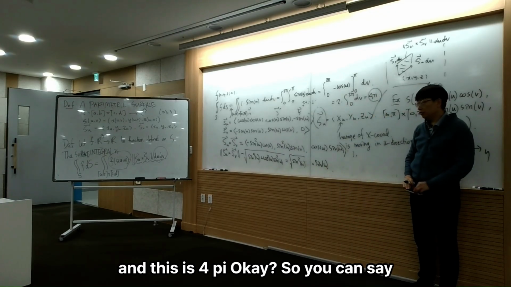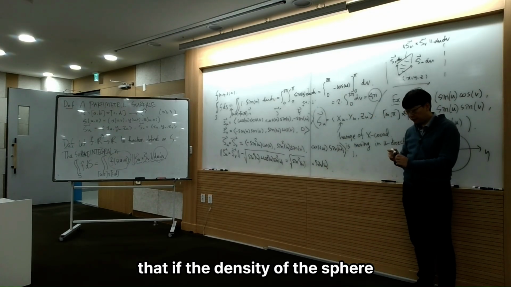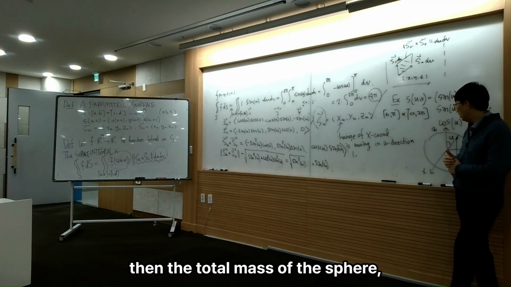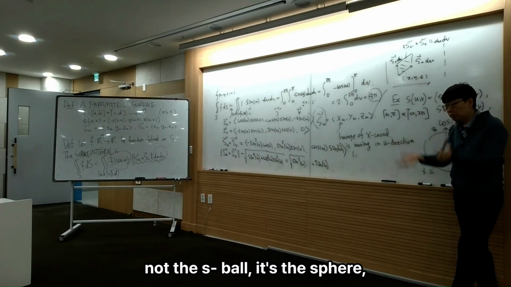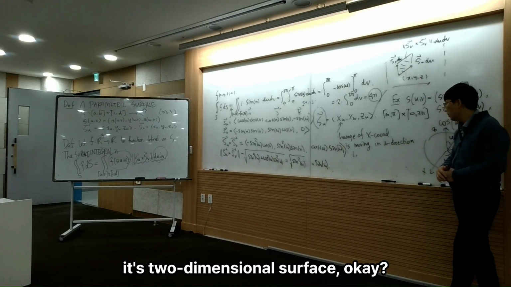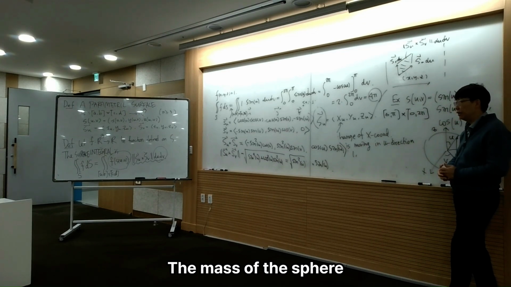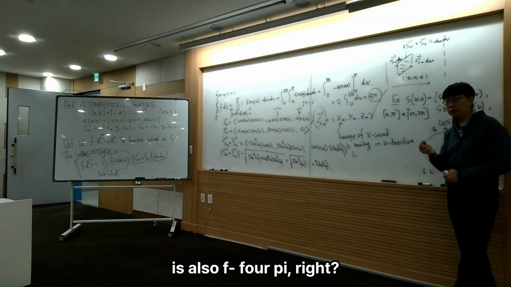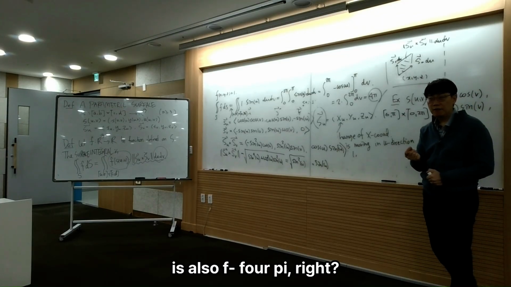So you can say that if the density of the sphere is constant, 1, then the total mass of the sphere, not the ball, it's the sphere, a two-dimensional surface, the mass of the sphere is 4 pi. But this also means that the area of the surface is also 4 pi, right?